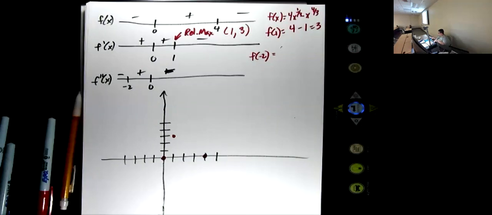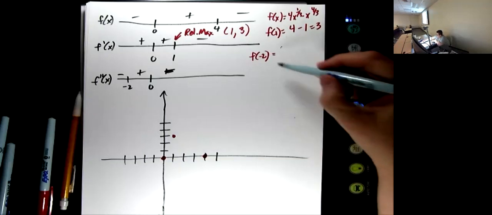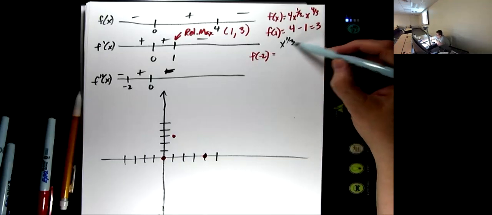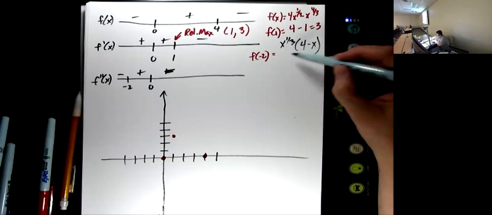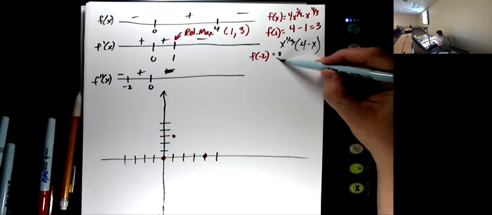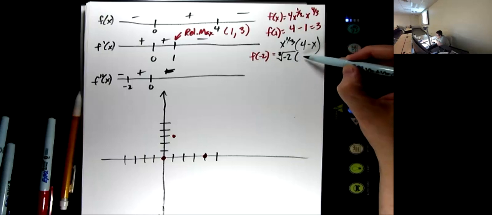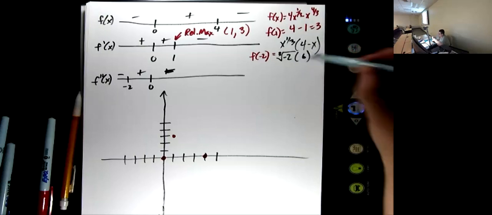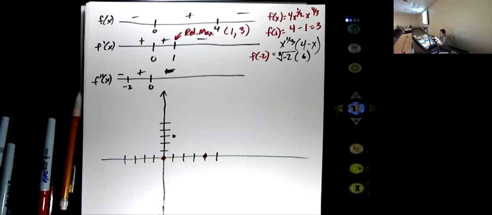So I've got 6 times the cube root. We had x to the 1/3 times 4 minus x. So the cube root of -2 times 4 minus -2 is 6. Can't be that big. 7 or so, -7.